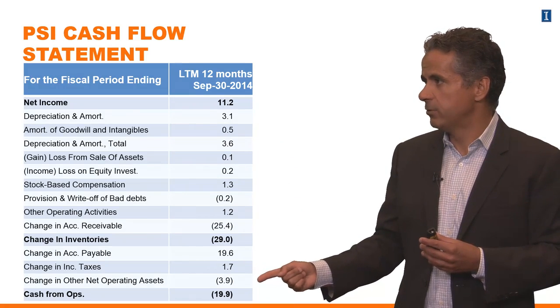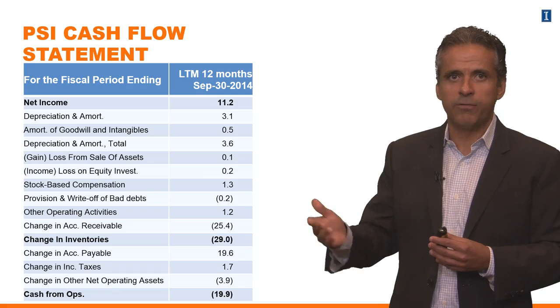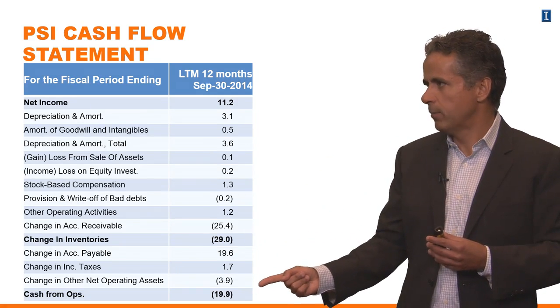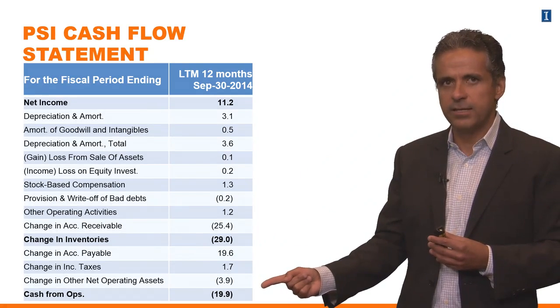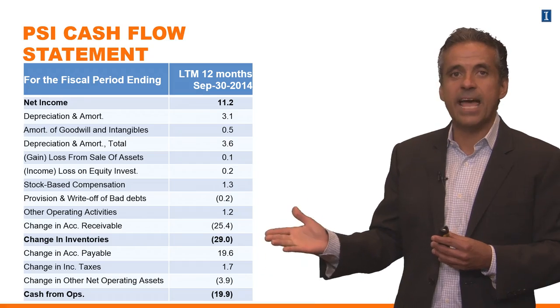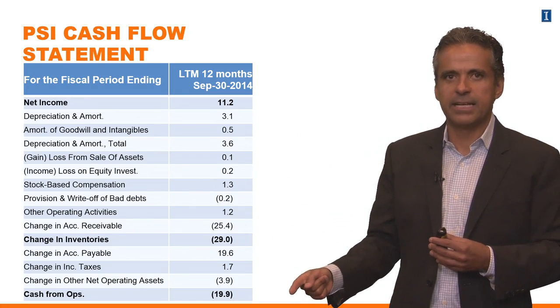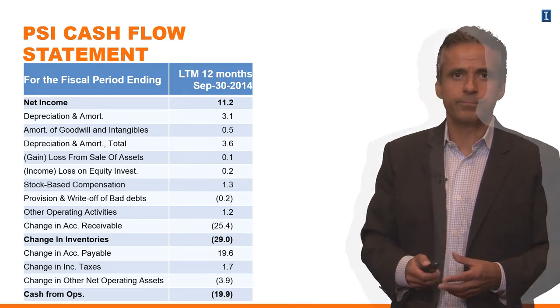When we get to the bottom of the cash flow statement, of course, there are other items here. It's not just inventory. But what you see is that PSI is generating a negative cash flow. So you're profitable, but you're generating a negative cash flow.